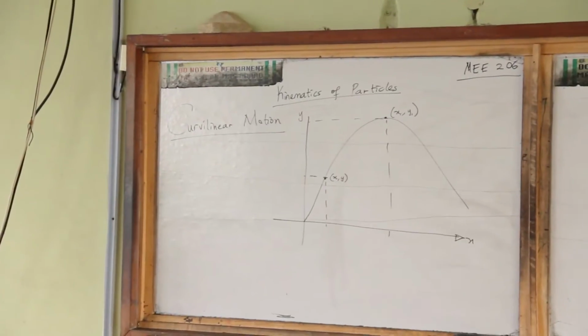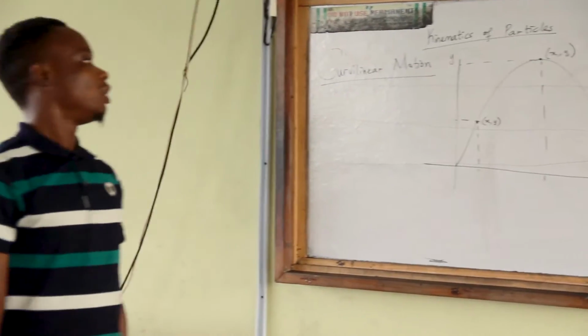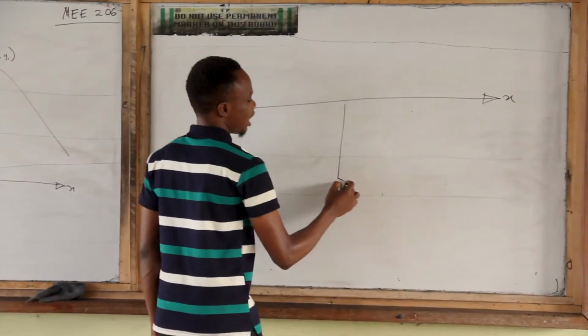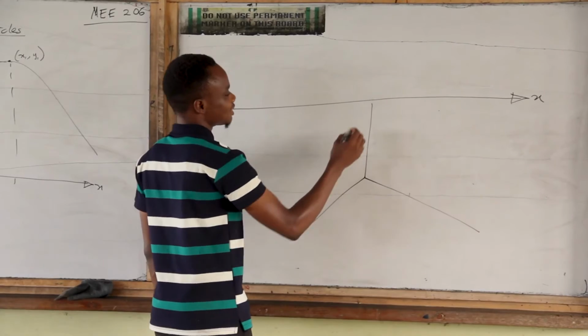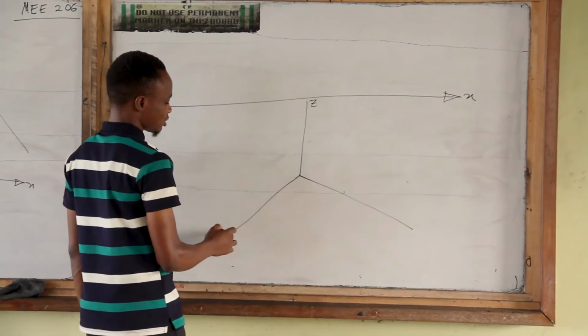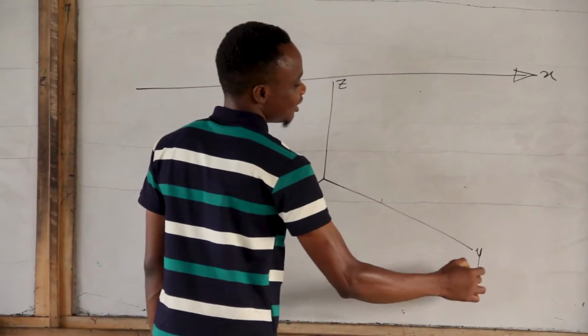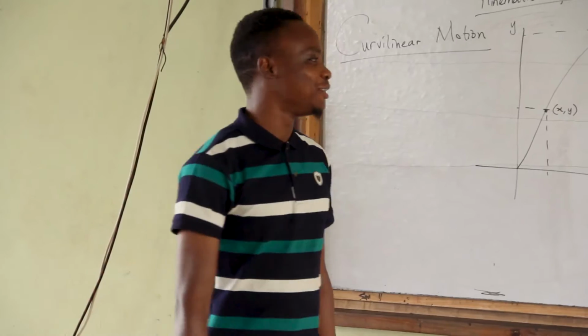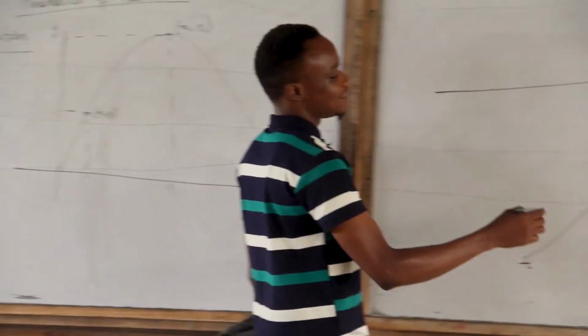I can also use a three-dimensional coordinate system where I have x, y, z. You can still remember how we dealt with this last semester. So you have to locate an object in space.